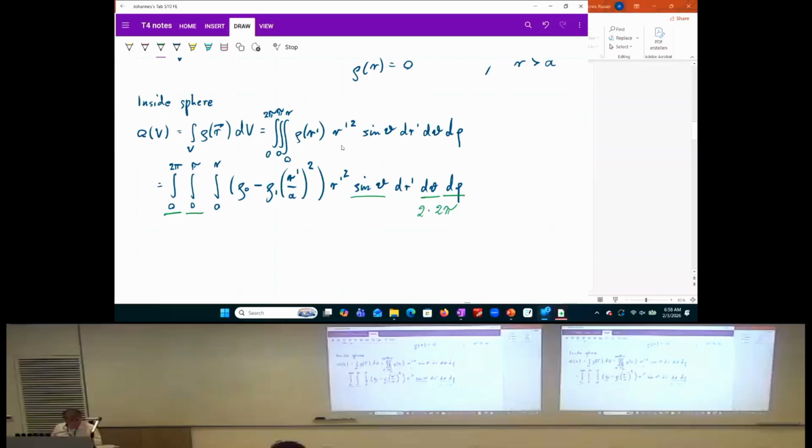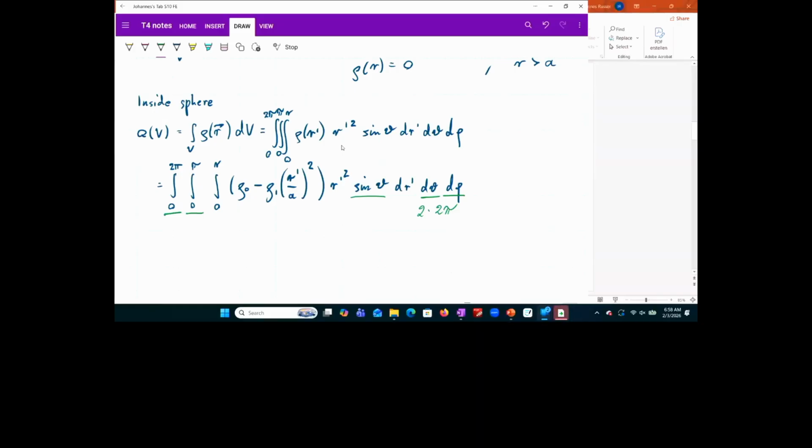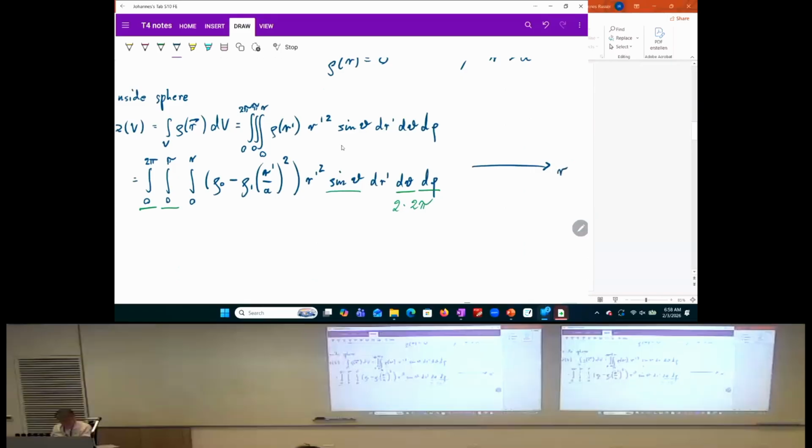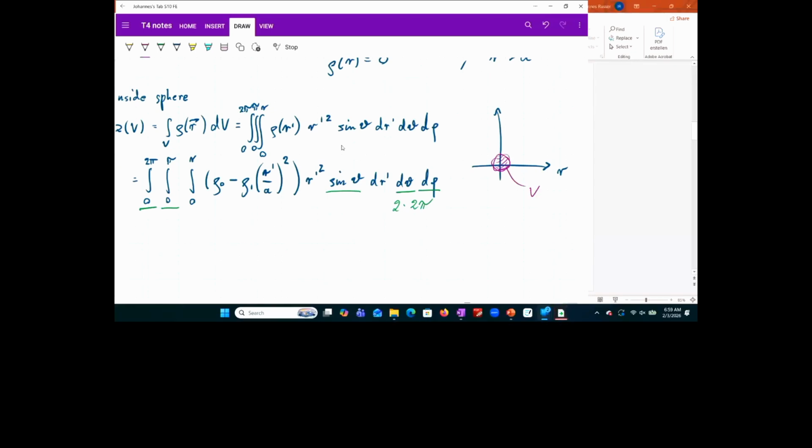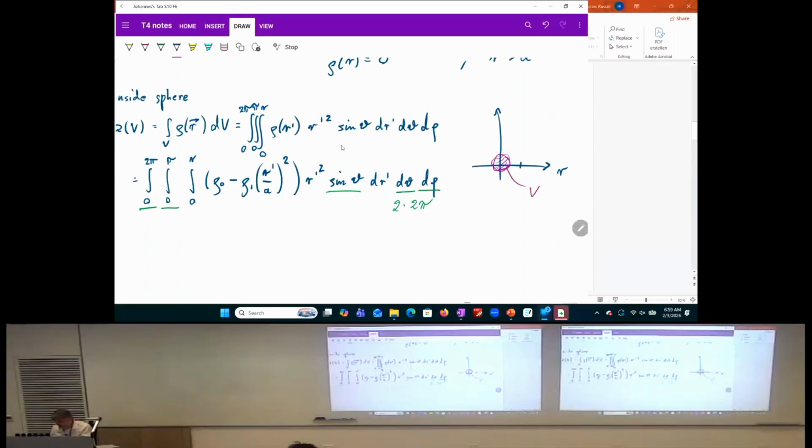That means we have an R, we have some volume here, and our A is somewhere here.